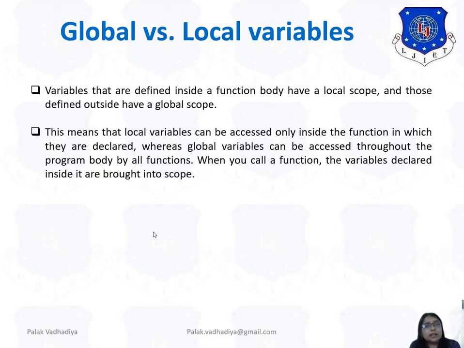This means that local variables can be accessed only inside the function in which they are declared, whereas a global variable can be accessed throughout the program body by the function.